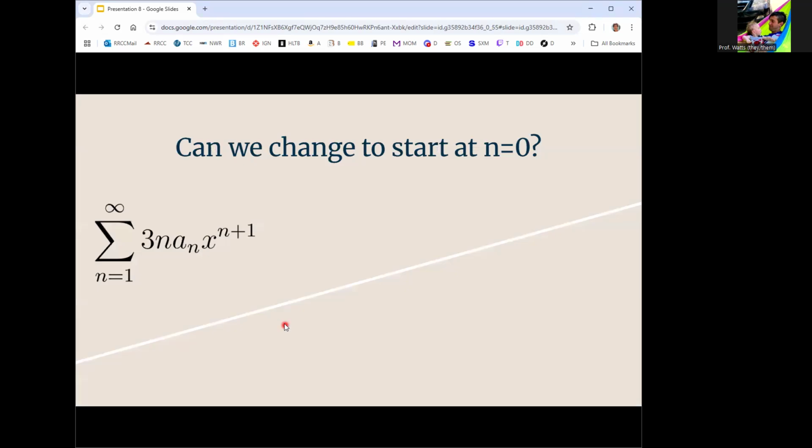All right, how about this one? Can we start this one at n equals 0? The answer is yes, because we've got an n factor there. So when n equals 0, you get 3 times 0 times a0 x to the 1, and that's 0.